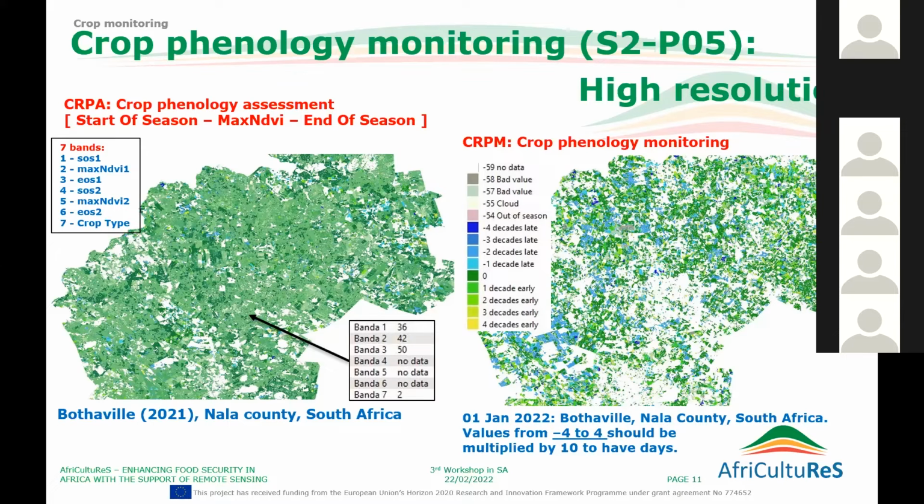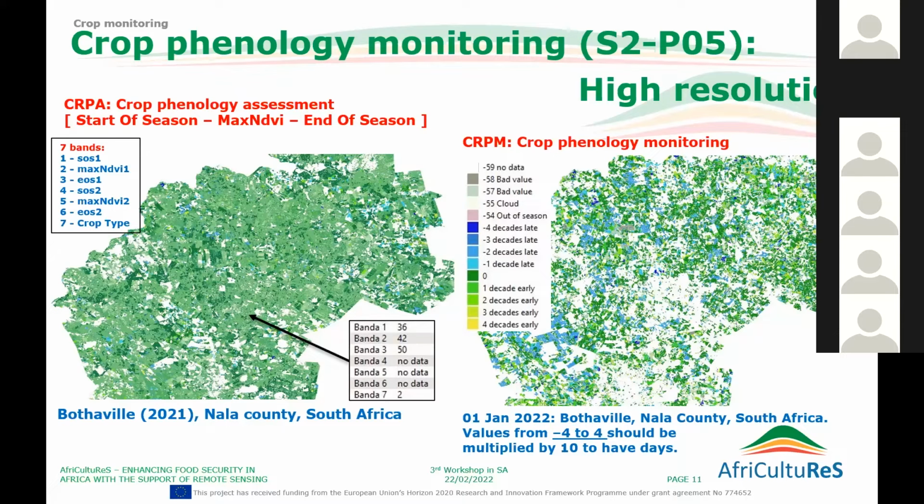In this case the difference is given in decades, so values from -4 to 4 mean that the crop is late in growing by -40 days to 40 days.